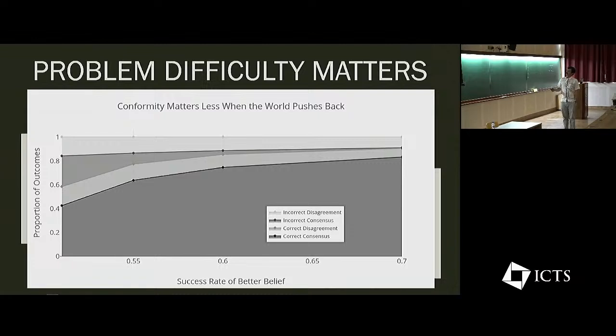Okay. Now, there are circumstances where conformity matters more or less. One thing that we find in this model is that conformity is very important for hard problems. In cases where it's difficult to tell the difference between the two arms, you need more evidence to change your mind.